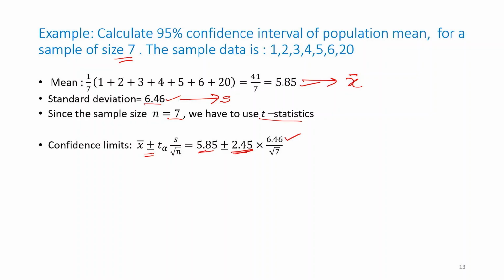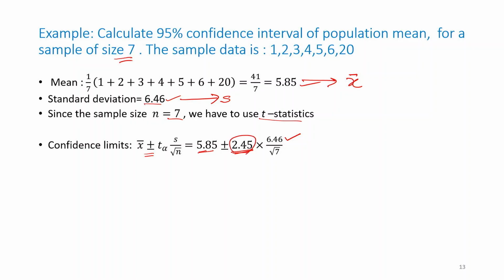This t value you have to get from the t table. So you have to consult the t table for a given value of alpha and degrees of freedom. K is going to be, in this case, 7 minus 1, which is 6. And if we consult the t table, we get a value of 2.45.